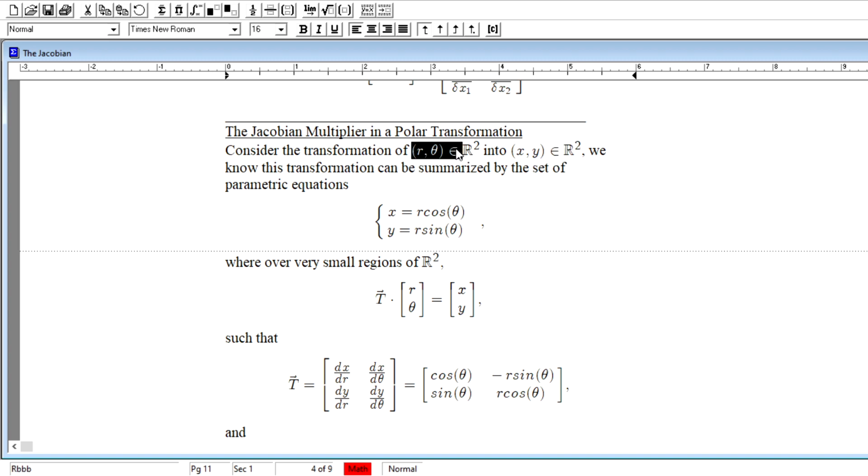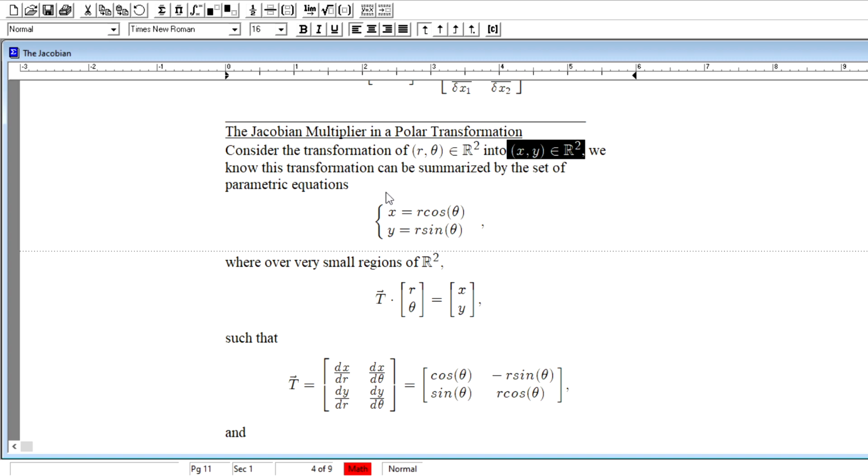I know this feels a little backwards in the transformation. When we relate to the integration, we're often thinking of converting a rectangular description into a polar. But here, in this idea of this Jacobian multiplier and what we've established above, we do want to set it up with r comma theta being transformed into x comma y.